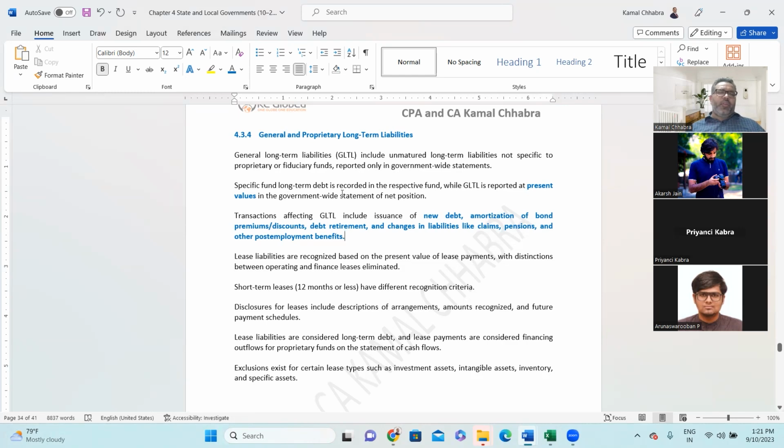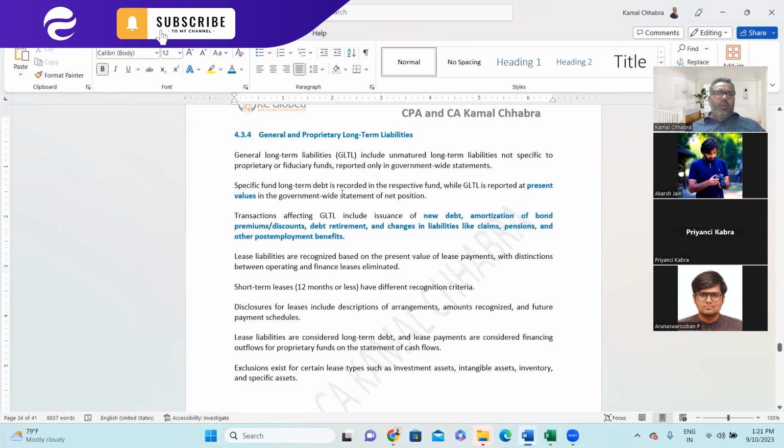For example, you have a fund for the development of a hospital in your city. Let's say you are the city local government, and you have established a separate fund to create a hospital in your city.